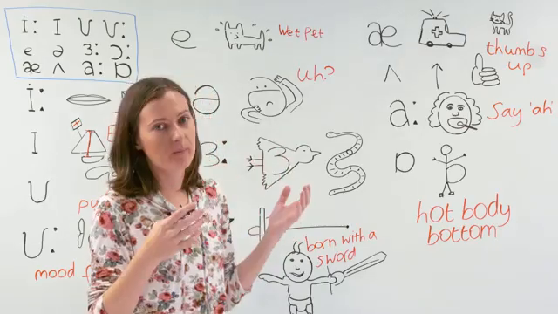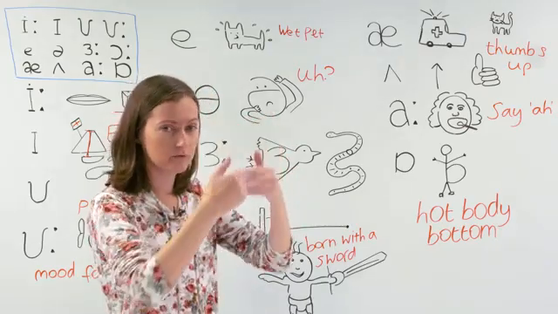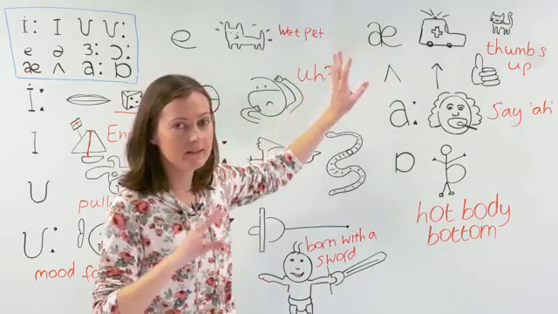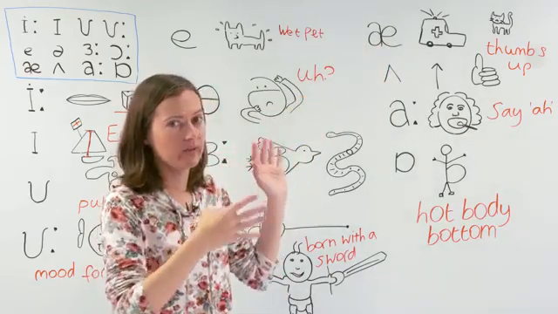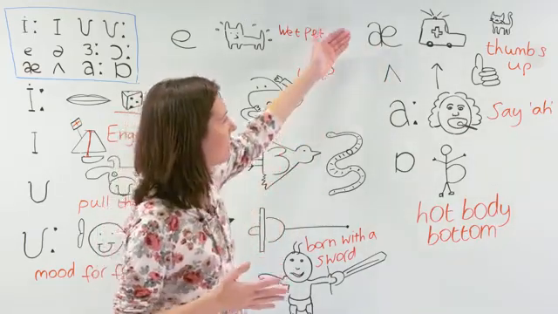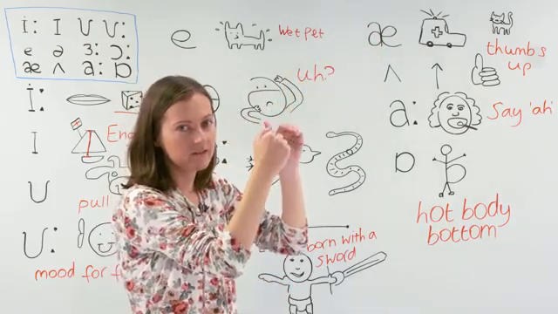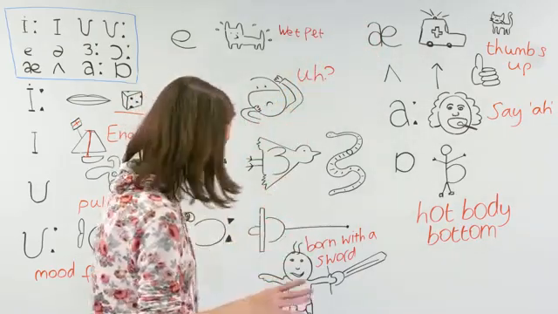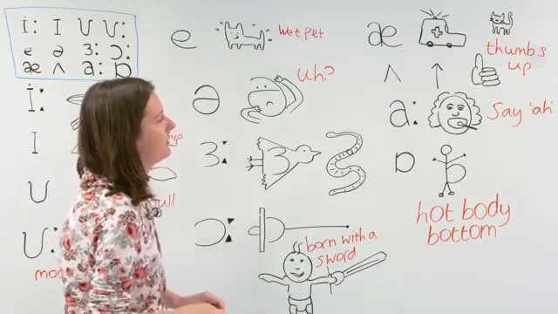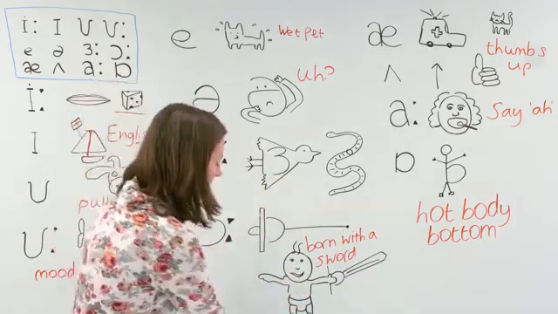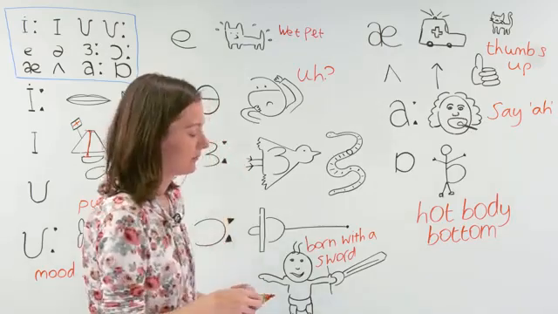But how I remember to write the phoneme is a little bit more difficult than some of the other ones, because it's like an A next to an E, but when they come together, they look slightly different than we're used to seeing them.